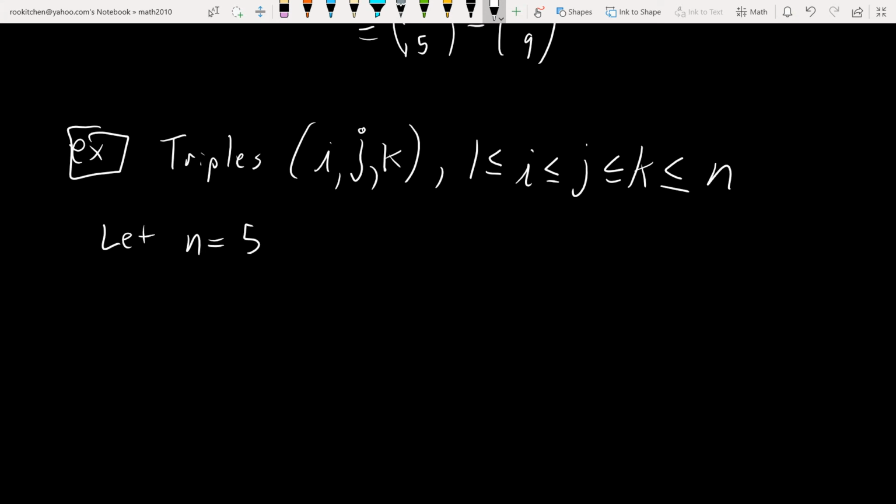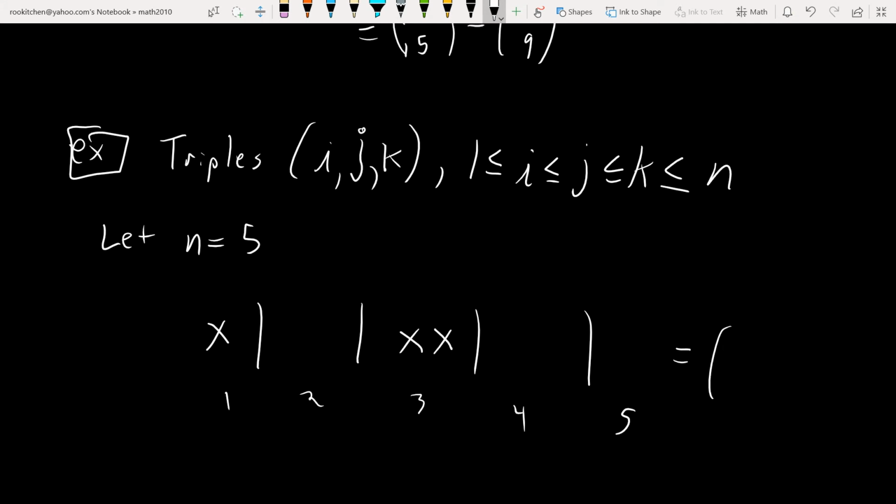In that case, you have 5 buckets, or 4 slashes. And then you're just putting, so 1, 2, 3, 4, 5, you're just going to put X's in those buckets. So one ordered triple, and we only use 3 X's, right?